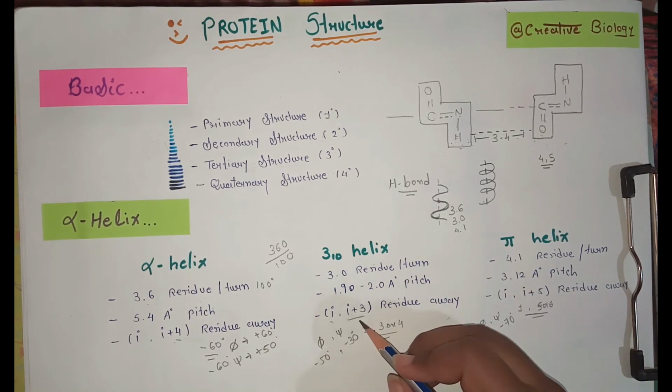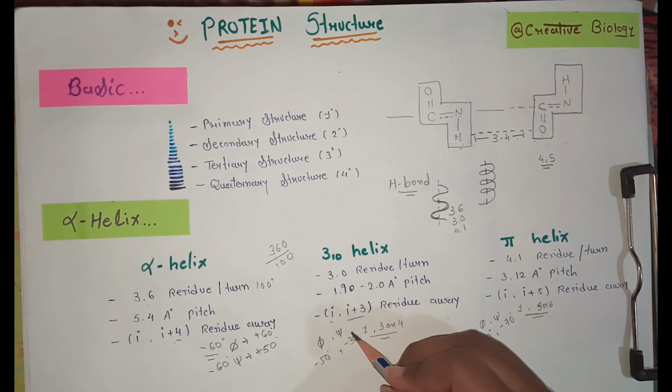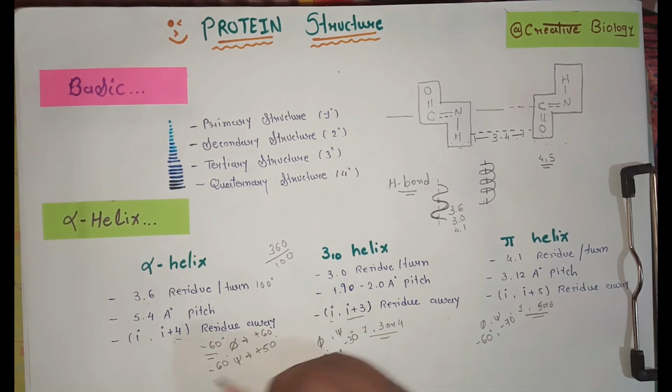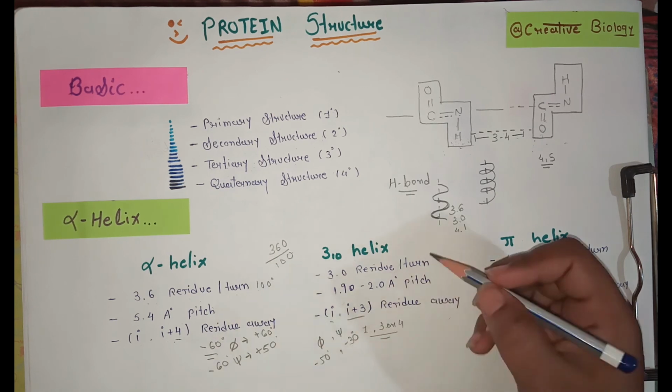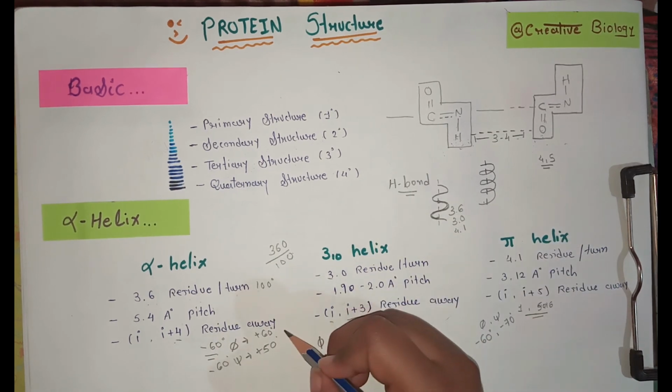And how can you visually differentiate these helical structures? By simply looking at their axial structures. I am showing you the picture of how you can differentiate them.